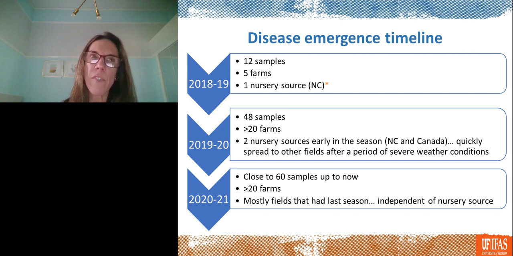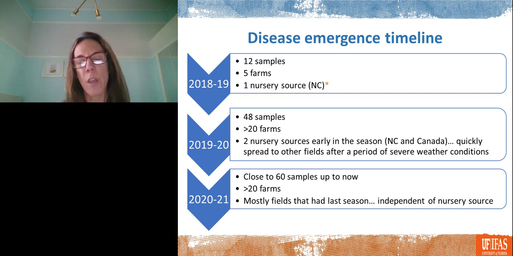In the following season, which was last season, the 2019-20 season, we saw a significantly higher number of samples, close to 50, and a significant number of farms, more than 20 farms. Early in the season, it was clear to see the link again with the nursery source, and most of the samples were from the same nursery in North Carolina, as well as a nursery in Canada that got plant stock from North Carolina.